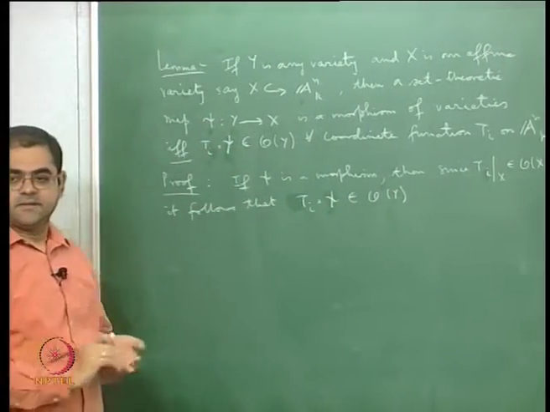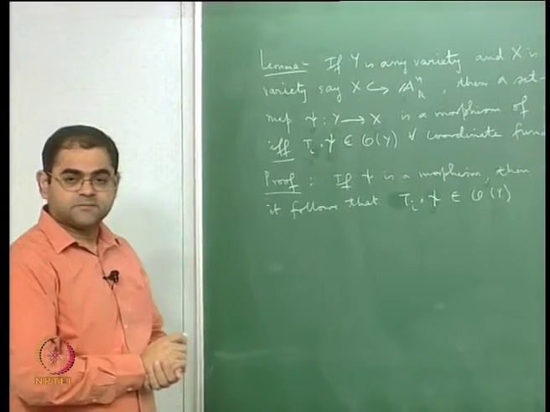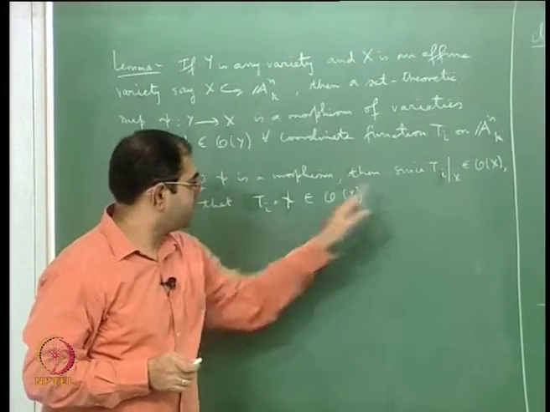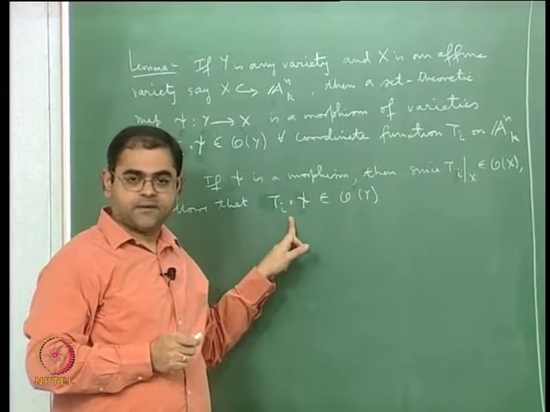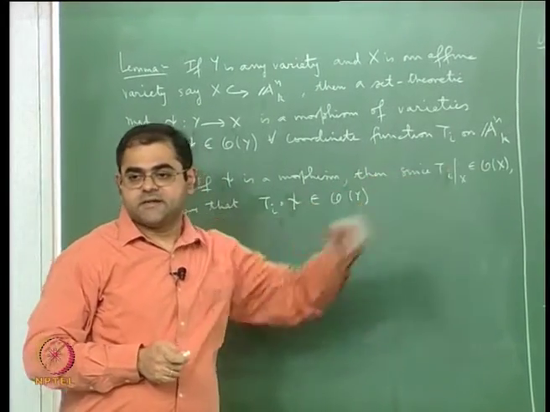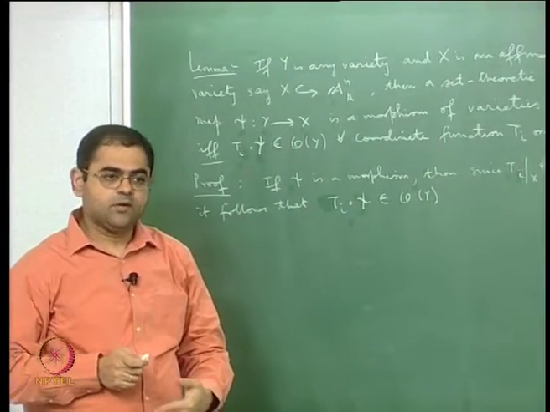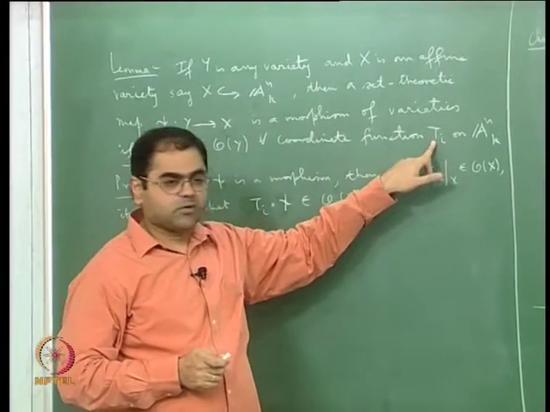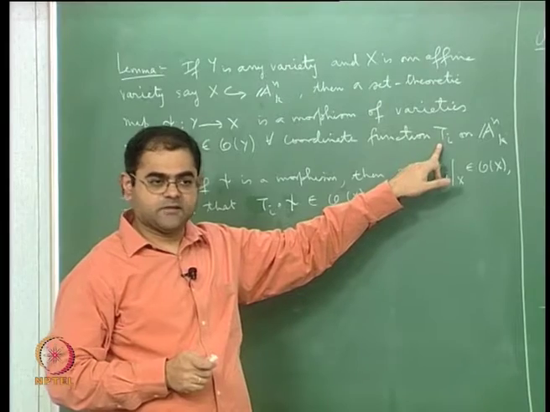This is very simple. That's just because of the definition of a morphism, because a morphism is supposed to pull back regular functions to regular functions, okay. So the coordinate functions on An, if I restrict them to x, they are going to be regular functions on x, because after all the coordinate functions on An are the polynomial variables.